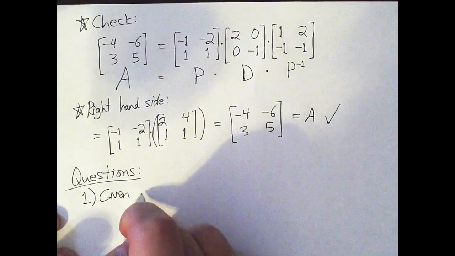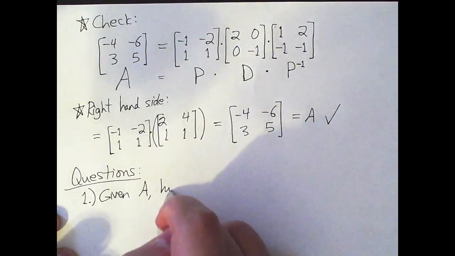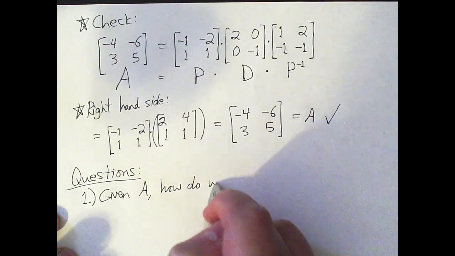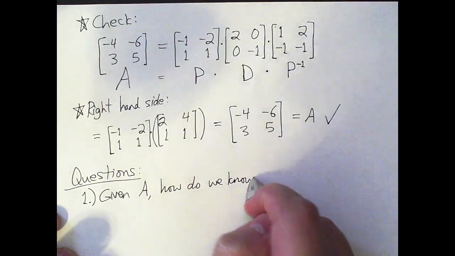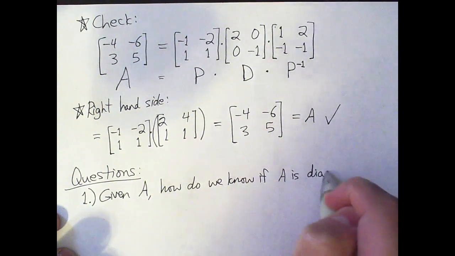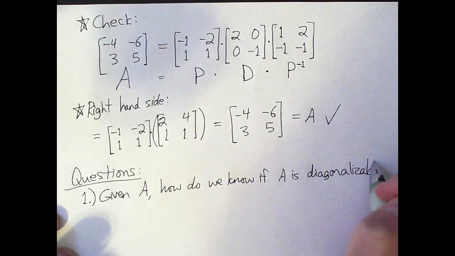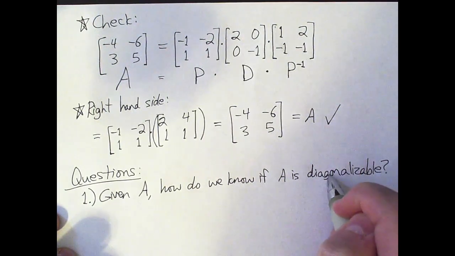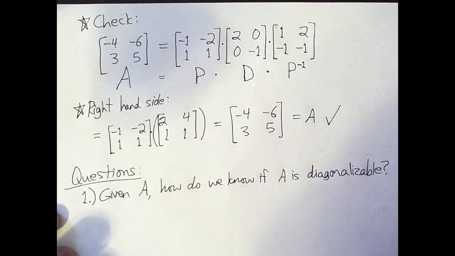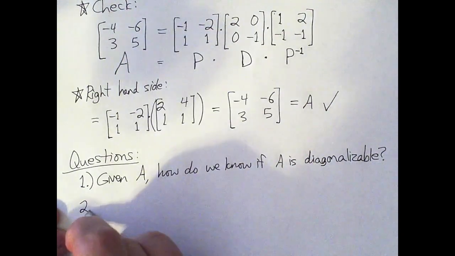First of all, given A, how do we know if A is diagonalizable? Do you think that all square matrices are diagonalizable? Do you think just some square matrices are? We'll talk about that.